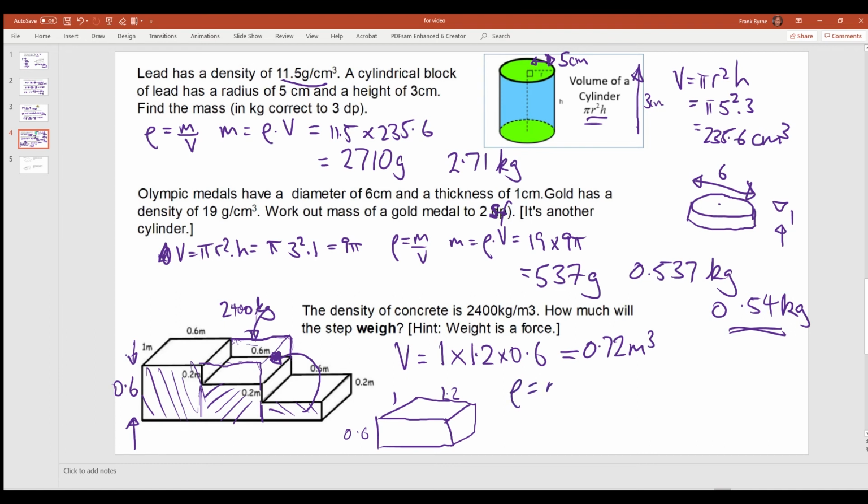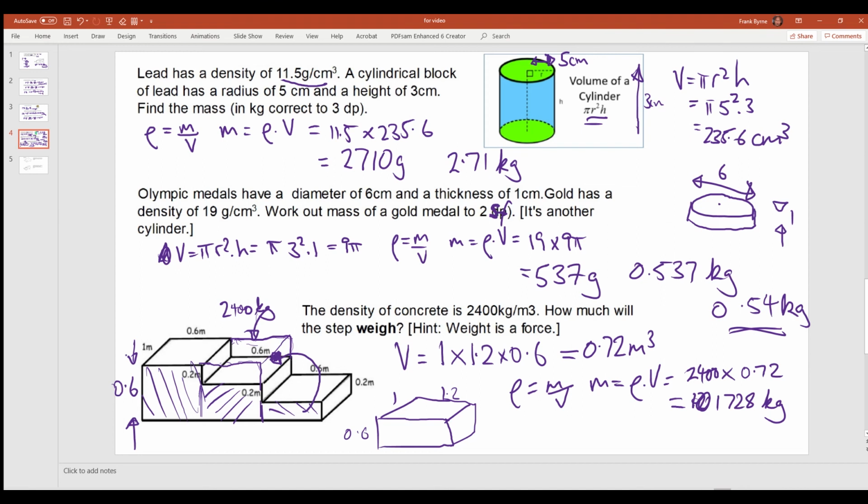Density equals mass over volume. Mass equals density times volume. So what's its mass? Its mass is 2,400 times 0.72, which is 1728 kilograms.